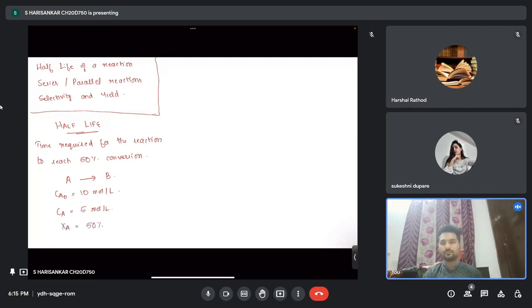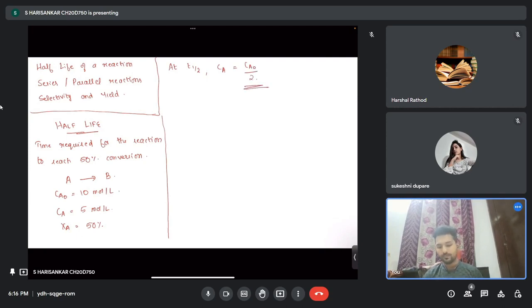So this is what is known as half-life of a reaction. We usually represent the time required for half-life as T half. So at half-life, Ca is basically Ca0 by 2.